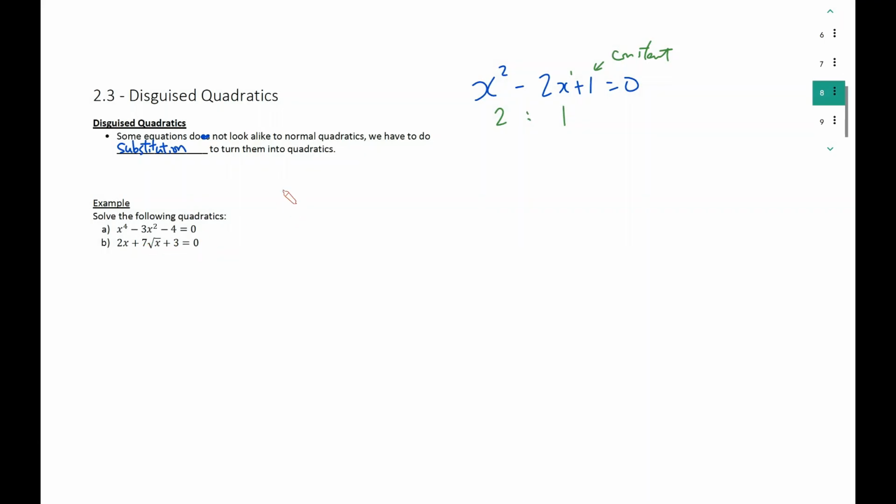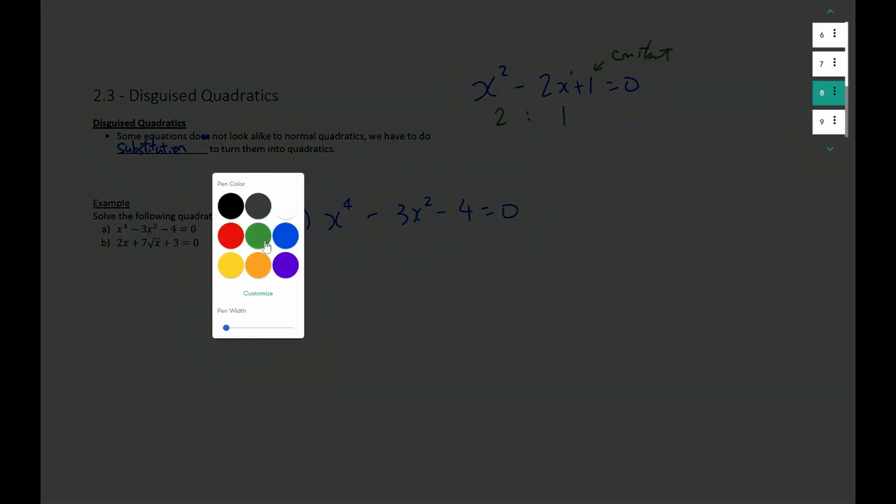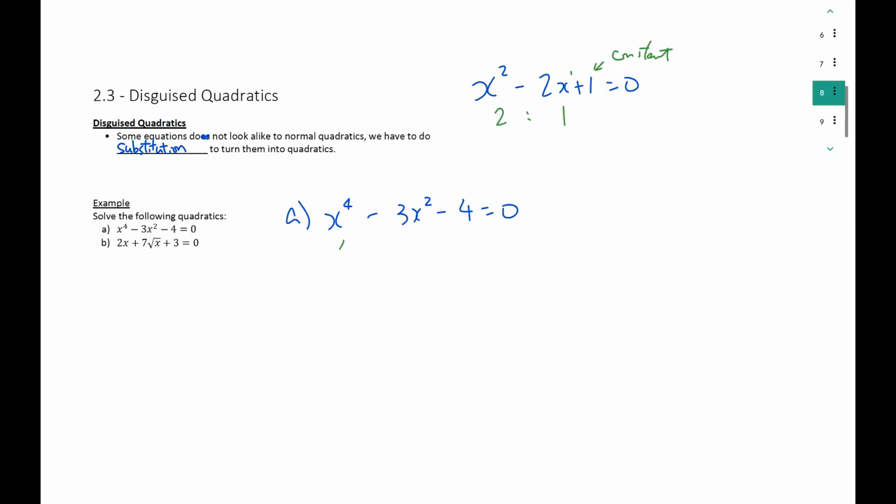If you look at question A in here, x to the power of 4 minus 3x squared minus 4 equals 0. Again, pay attention to the powers. This power of 4, power of 2, if we simplify the ratio is 2 to 1 and a constant. So that means this could potentially turn into a quadratic.